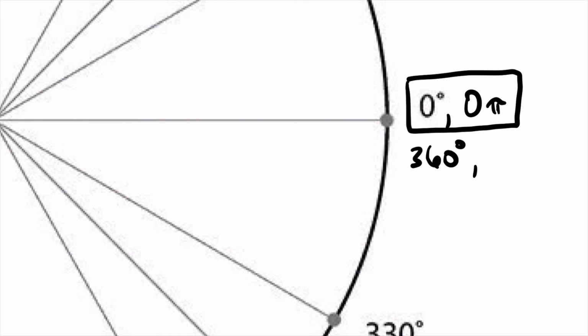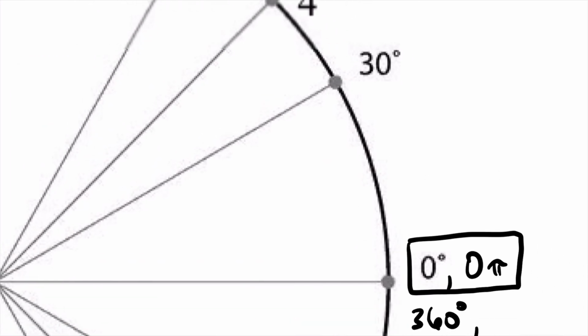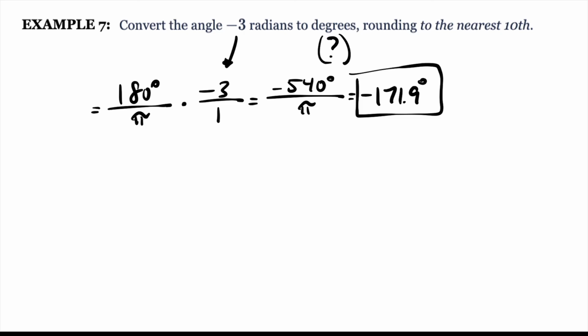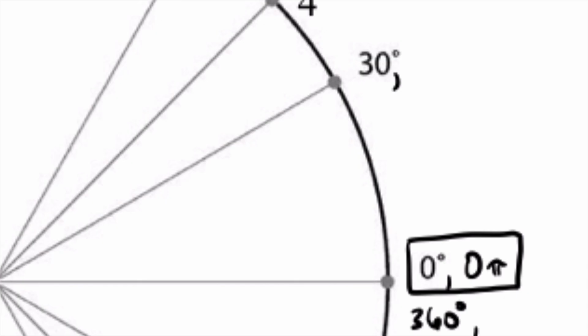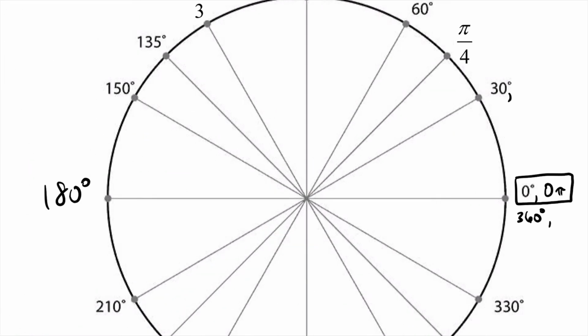We're going to go in the positive direction. 30 degrees. So I know 30 degrees. I'm going to have to figure out what radians 30 degrees is. So radians, if I need to know what radians are, I need to use the top one, right? So I'm going to multiply 30 degrees. I'm going to do it over here.